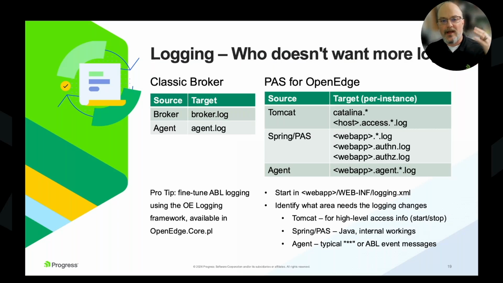In the classic world, you would have the broker log, which represents any output generated by that Java process, and the agent log, which, as it's named appropriately, is any output generated by the ABL session agent. On the right-hand side in the PaaS world, we now have Tomcat to look after. So he has Catalina logs, he's got access logs, any HTTP requests, and any other plugins that he might have.